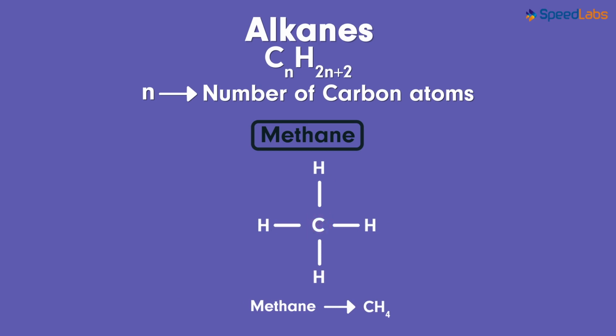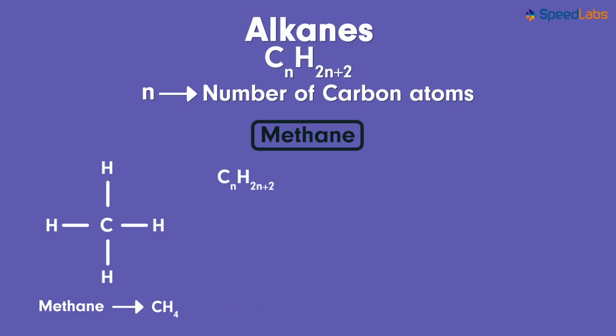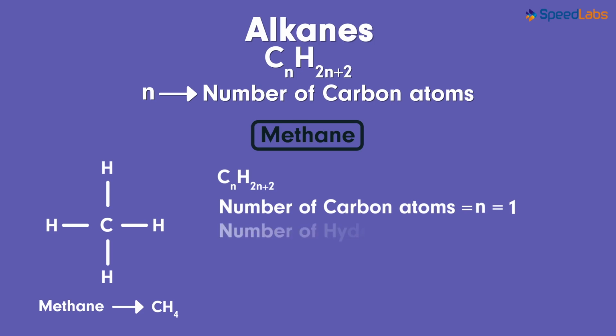Now let's see if this fits into the formula of alkanes. What will the value of n be here? n, as we know, is the number of carbon atoms. It'll be 1. Let's substitute the value of n in the formula. The formula is CnH2n+2. The number of carbon atoms present is n. It's 1. And what about the number of hydrogen atoms then?